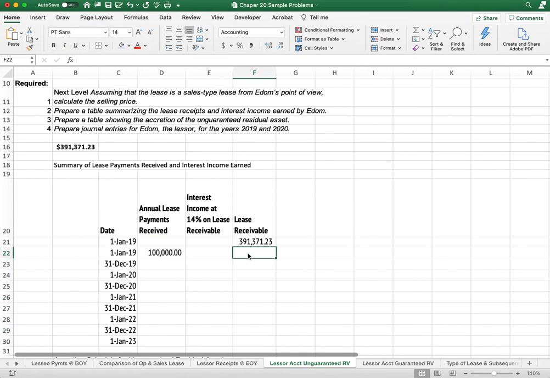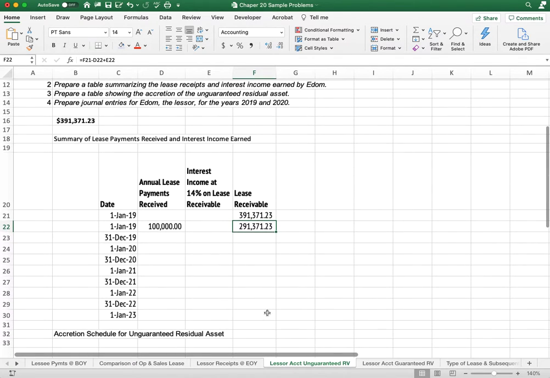In cell F22, equals the previous balance minus the payment plus the interest income, and press enter. Even though there's no interest income here, I'm doing it that way so that we can pull this formula the whole way down.